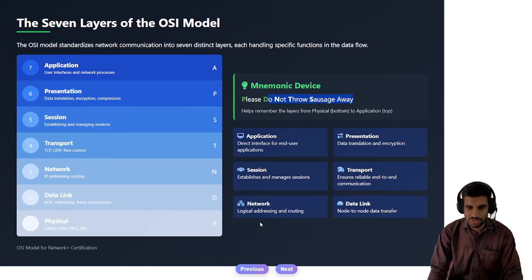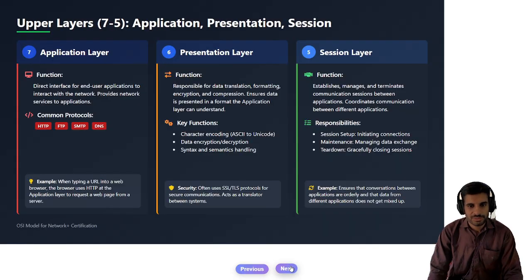The network layer handles logical addressing and routing, like IP addressing. The data link layer does node-to-node data transfer. We will discuss what happens on the data link layer, like assigning the MAC addresses of the devices so users can access them on the network. So let's go to the next page.